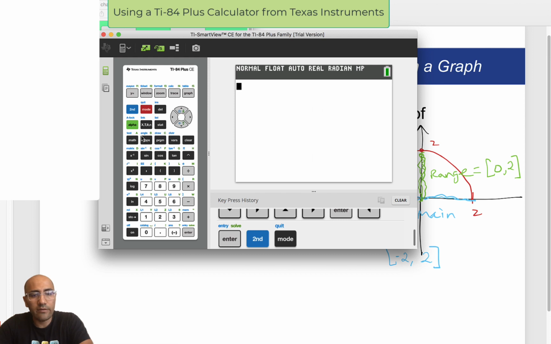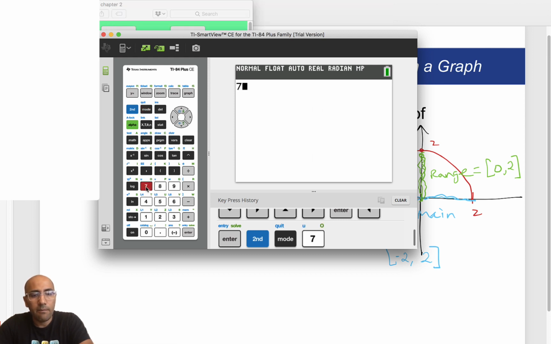So if I wanted to type in 7, for example, I could just hit 7. But if I wanted the green O, then I hit green, and then I hit O. And, well, that looks like a 0. So let's do P. If I wanted P, I would have to hit the green first, and then the 8, and then that writes down the P. If I want V, then I would hit the second, and then that gives me a V, and I type that in. Okay, so keep that in mind.